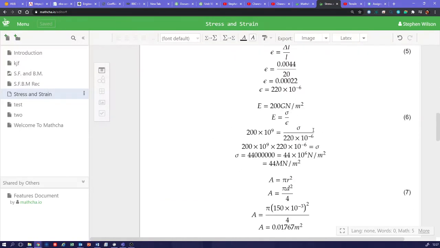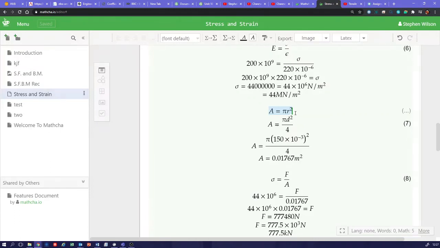So let's have a look at that. Now, area of a circle, that's the one that you're all familiar with, pi r squared. But we can also use this formula because this is also true, pi d squared over 4. Now, personally, I often get myself confused with diameters and radiuses. So, if something's given to me in a question with a diameter, I'll use this.